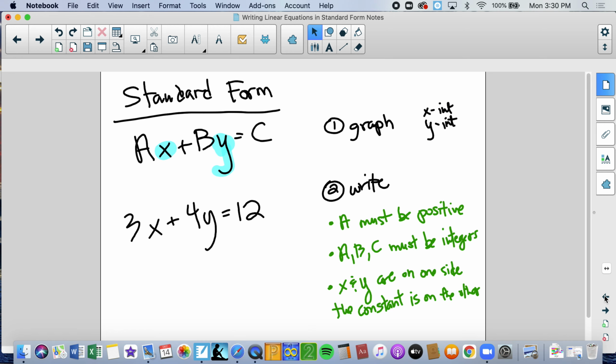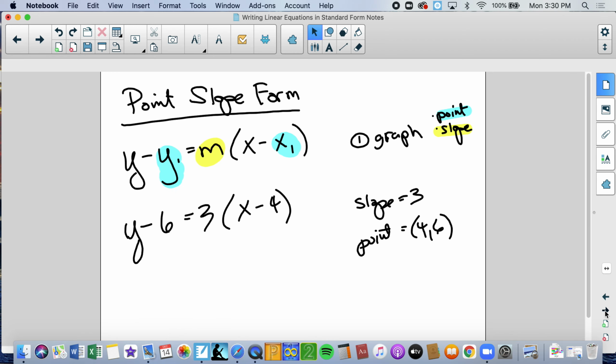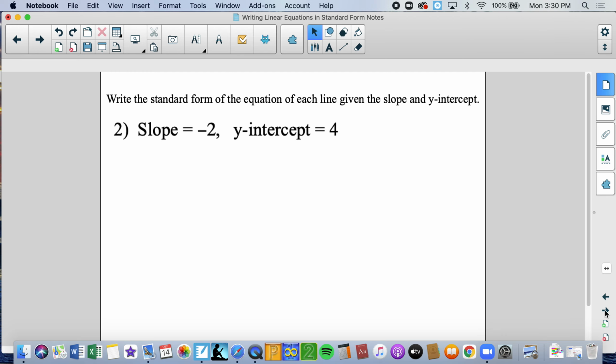Standard form doesn't have slope or intercepts. Yes, we calculate them, but they're not given to us in its form. Slope-intercept form does, so we can take that template, y equals mx plus b, and plug that information in.